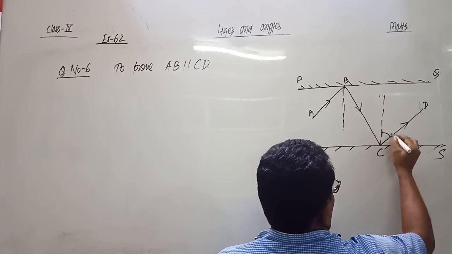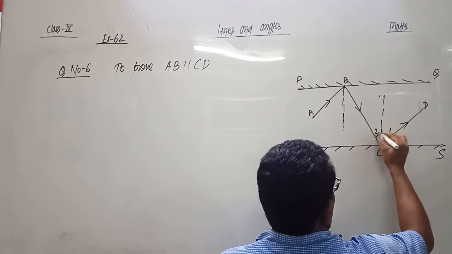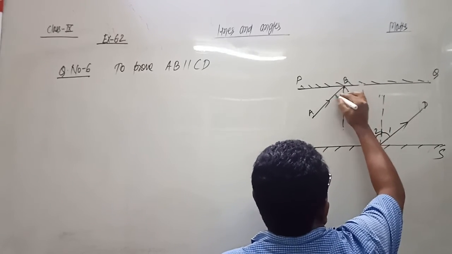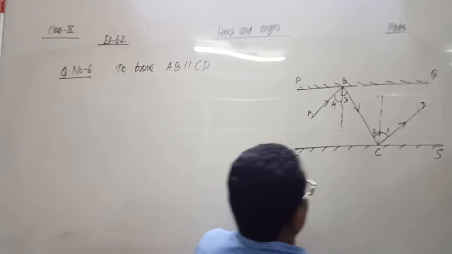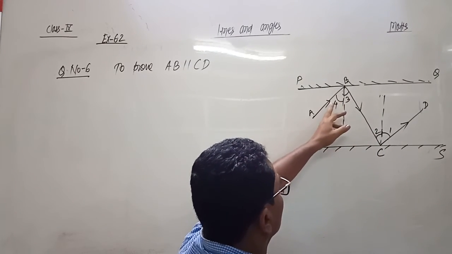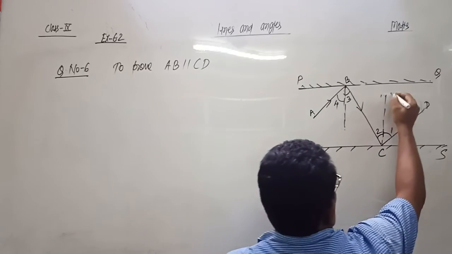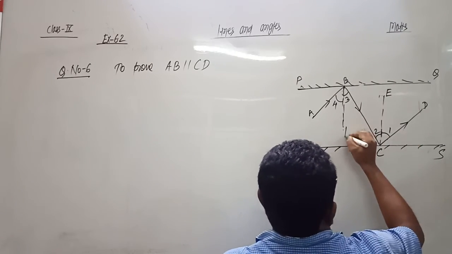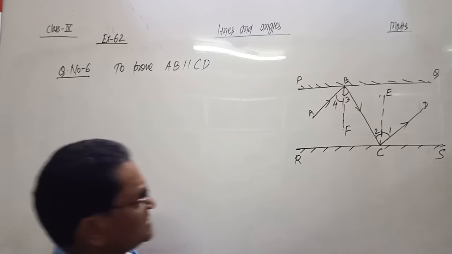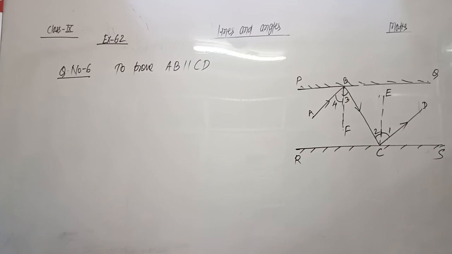Name the angles 1, 2 and 3, 4. Name the bisectors CE and BF. These are the bisectors.